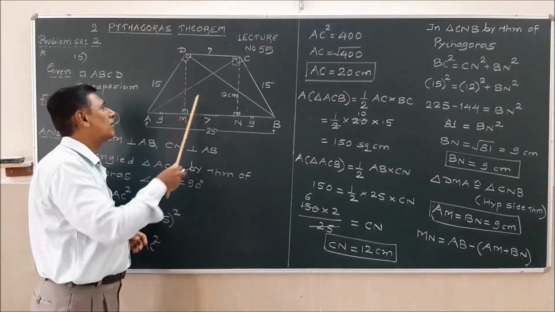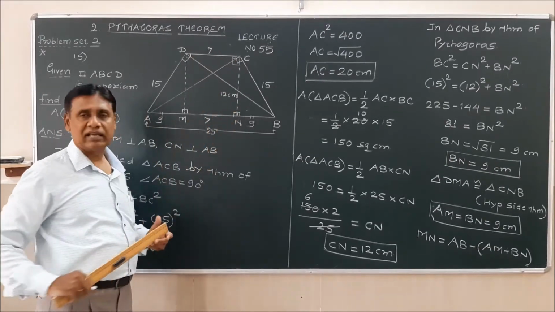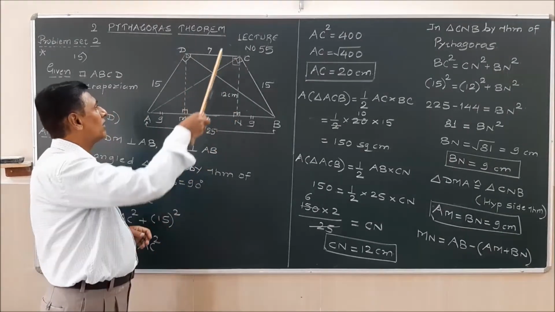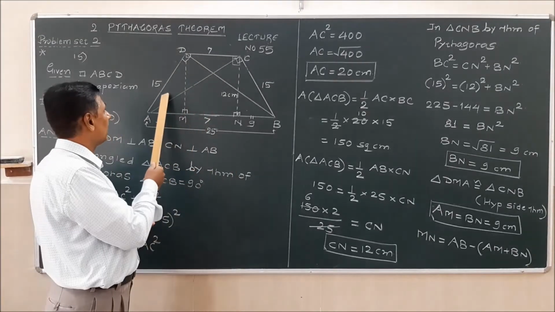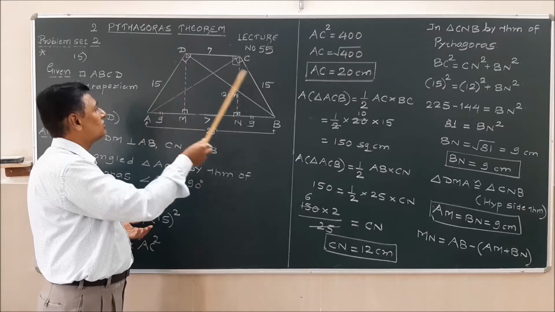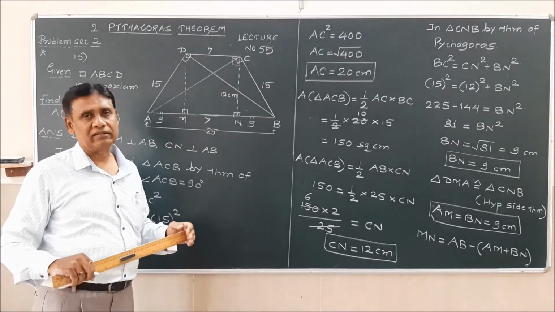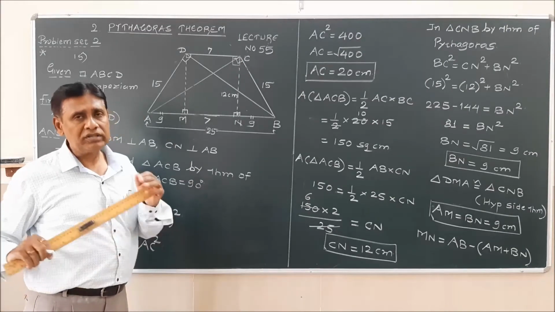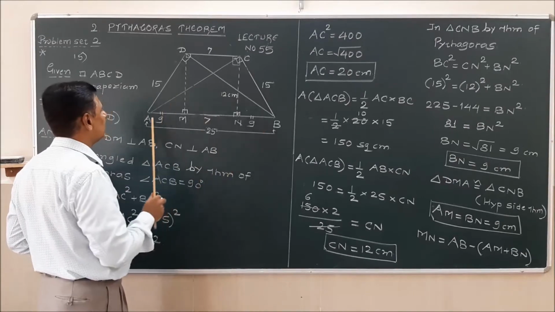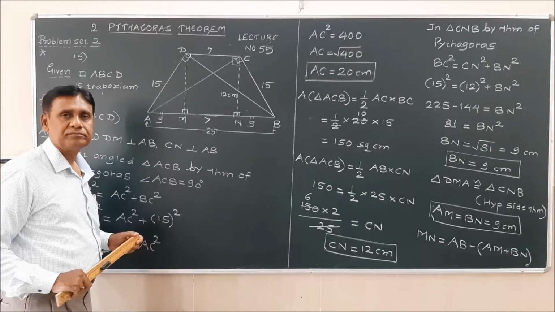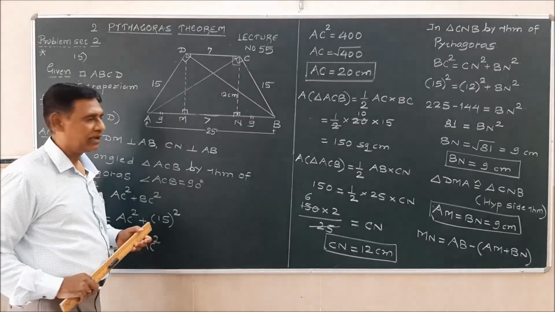And DM and CN are the distance between the same two parallel lines. Therefore, triangle DMA is congruent with CNB by the hypotenuse-side theorem. The use of this is that NB is 9, therefore AM is also 9.